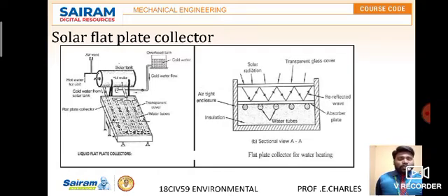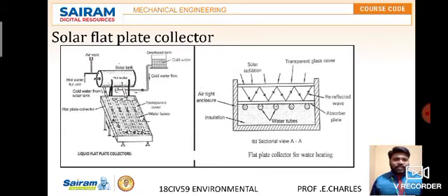The overhead tank obviously has cold water. The cold water flows through a channel and enters the solar tank, and from that solar tank it slowly comes down to the transparent cover. Water tubes are there, covered by a transparent cover, right?